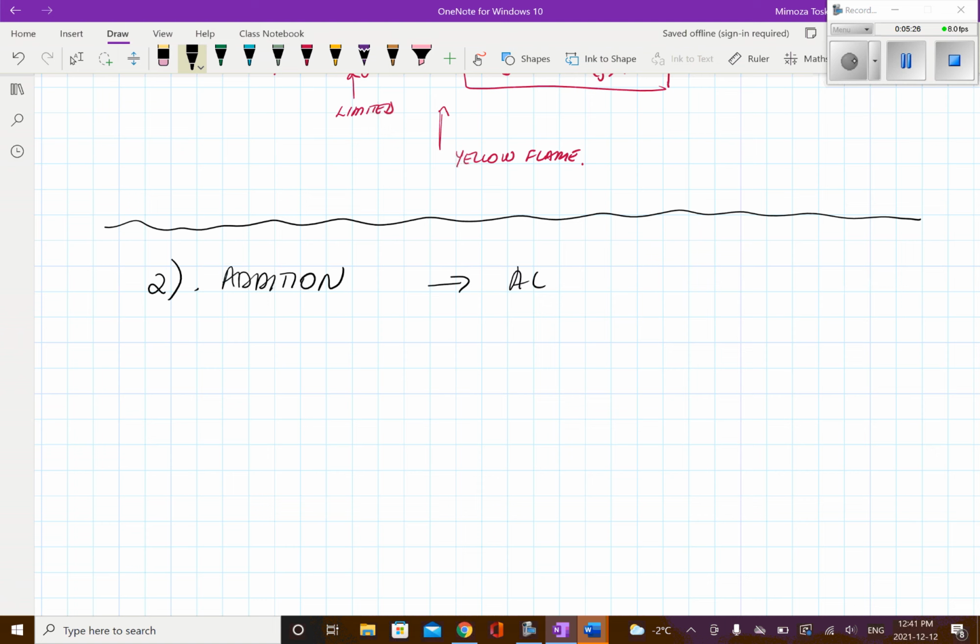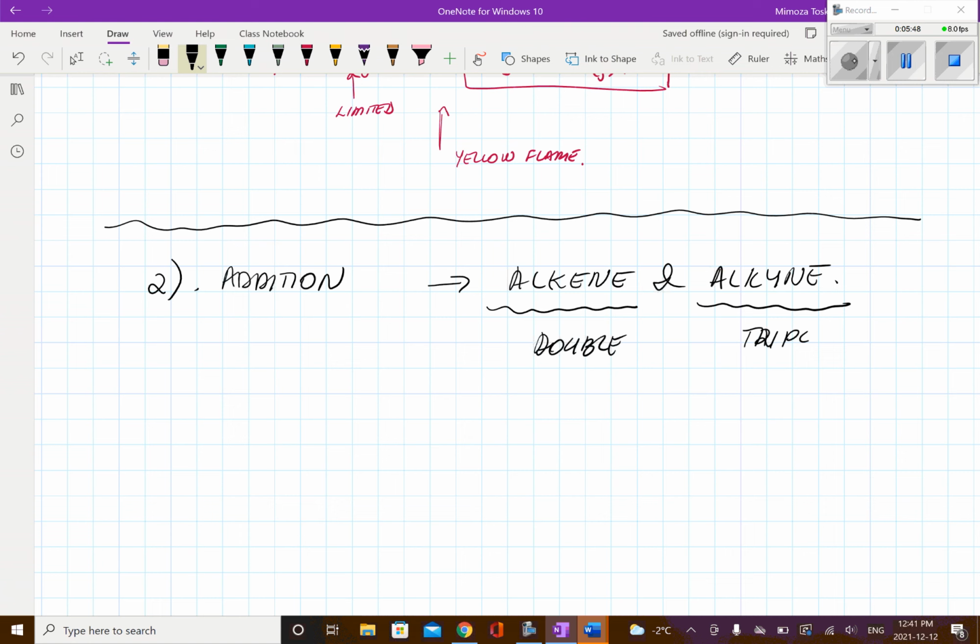Why is it like this? Remember what we said: those are double bonded. Alkenes have one or more carbon-carbon double bonds, and alkynes have one or more triple bonds.